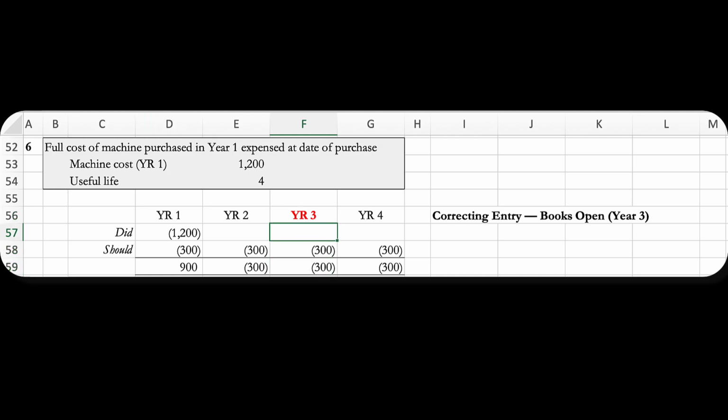So to correct this entry in year 3, if the books are still open, notice everything to the left of the line would be what's wrong with retained earnings. So I need to recognize some expense in the current year. I also need to have an asset that I've improperly expensed and never capitalized. So I'm going to record the asset first. I know I need to debit asset for $1,200. Then I also know I need to record depreciation expense in the current year. That's a debit. So I'm going to go ahead and record the depreciation expense in the current year of $300.